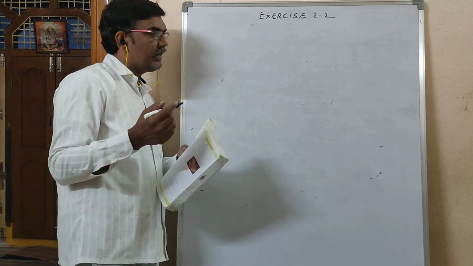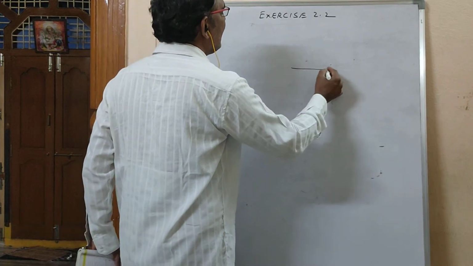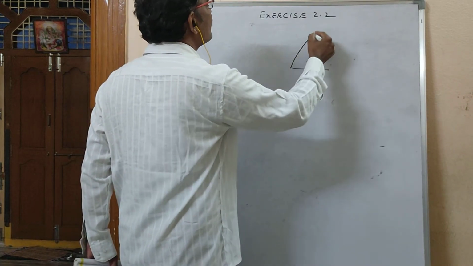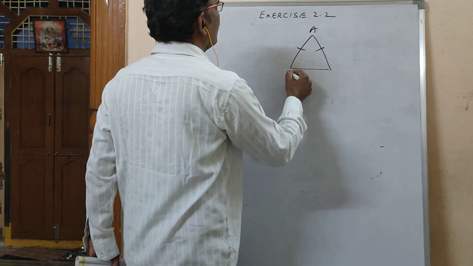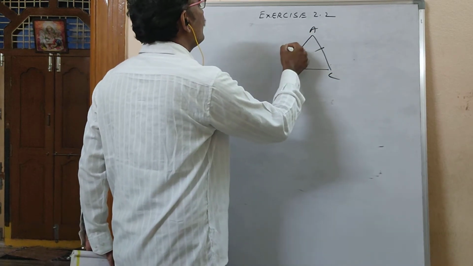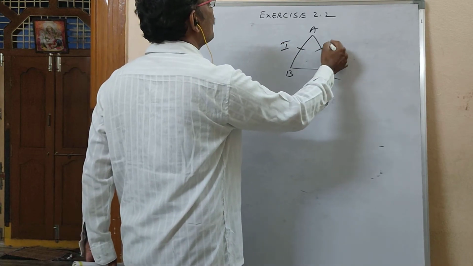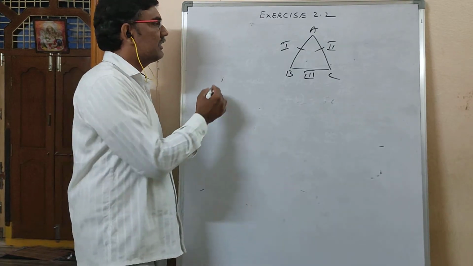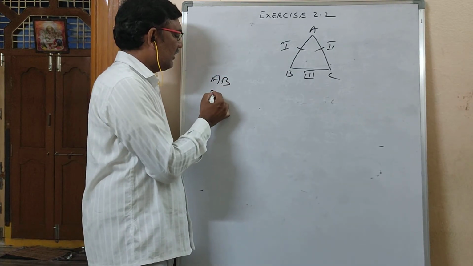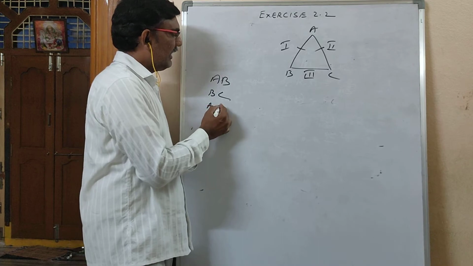Two equal sides of a triangle. See, in any triangle, two equal sides means it is an isosceles triangle. So two equal sides means it is 1, it is 2, it is 3. A triangle will have how many sides? 3 sides. AB is one side, BC, AC.